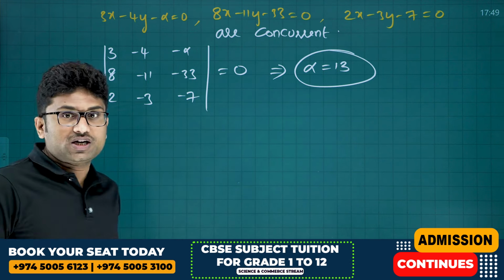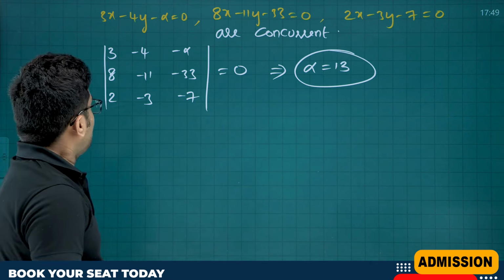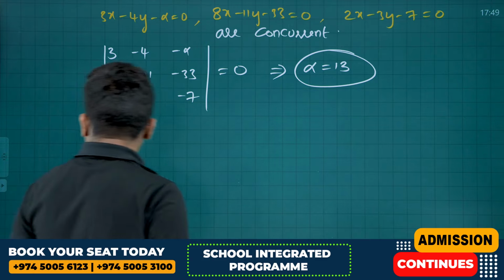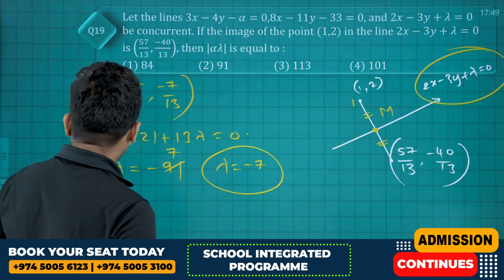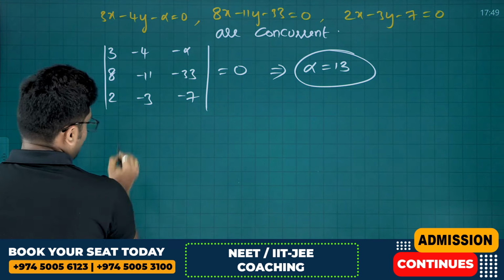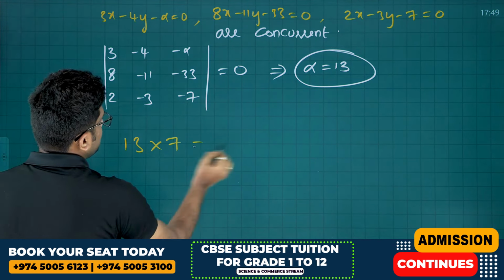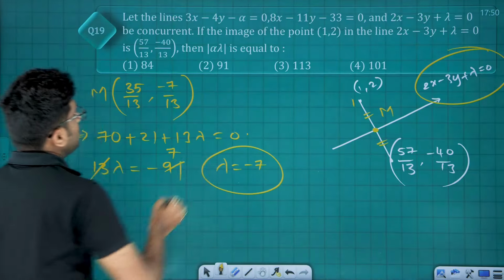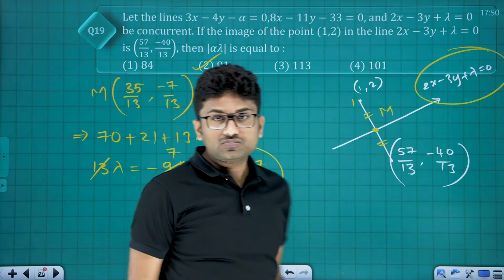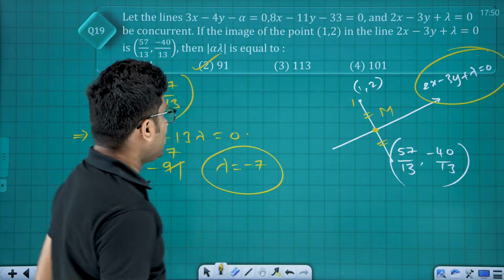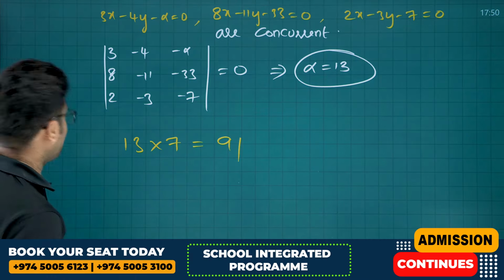That's it. Now they are asking for modulus of lambda into alpha, that is 13 into 7, which equals 91. The answer is 91. Clear? Just expand the determinant and get the value of alpha.